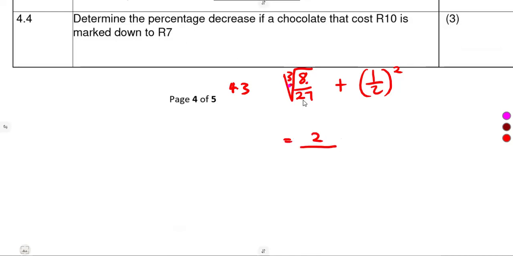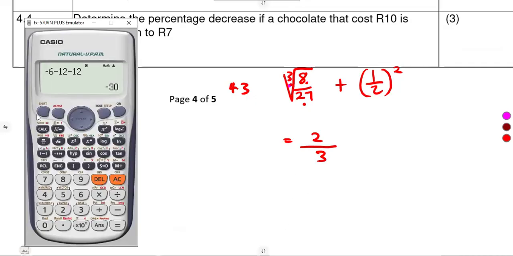The cube root of 27, that's a 3. Or you can even use your calculator like this. The cube root, that's shift, you go to this square root, it shows us the cube root there. So that's 8 over 27. As you can see, that's 2 over 3, right?